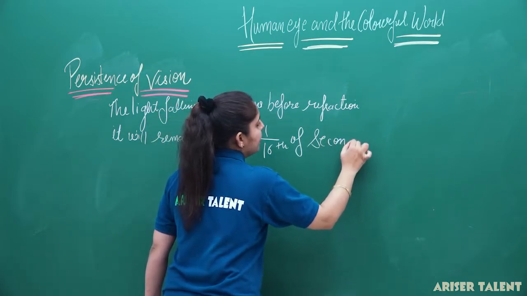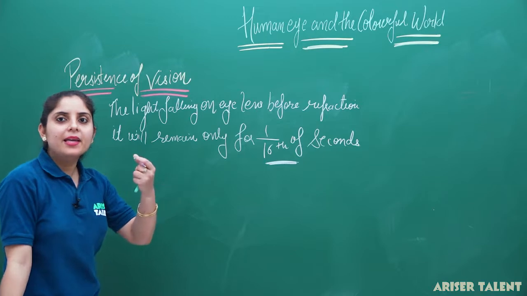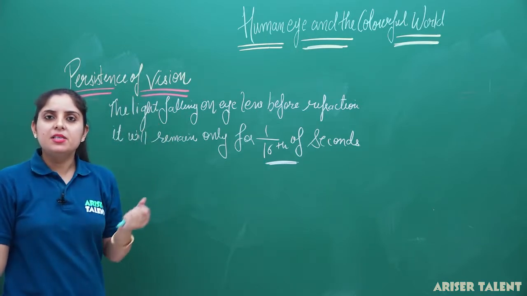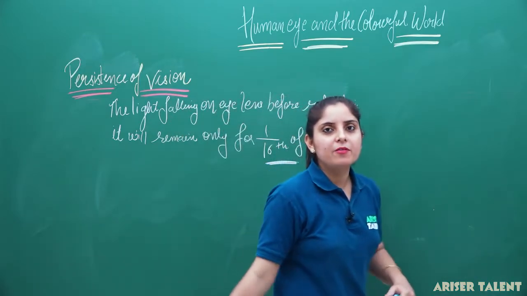It is a very small time. You can see that for a very little time it will remain on our eye, and that will be known as our persistence of vision. So this is another term apart from the blind spot we have seen here.